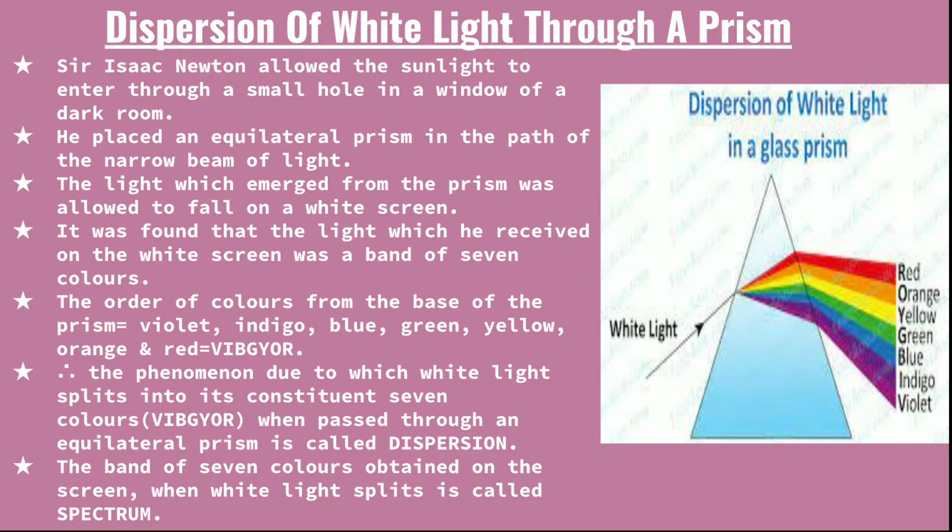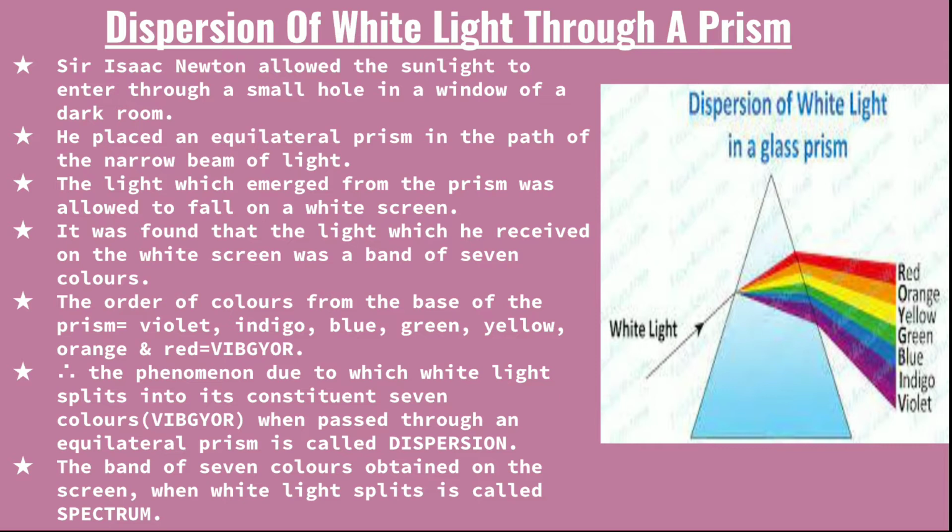There was a well-known scientist, Sir Isaac Newton. He did an experiment with sunlight and a prism. He took an equilateral prism and kept it in a dark room with a window where there was a small hole.